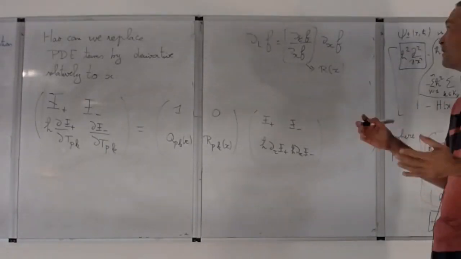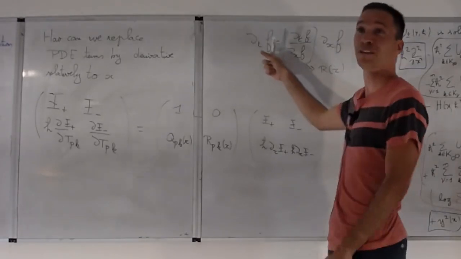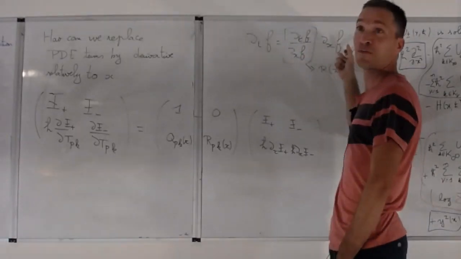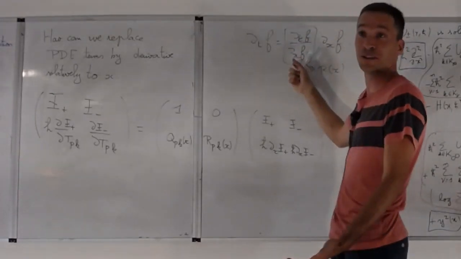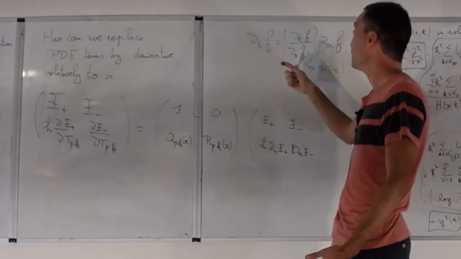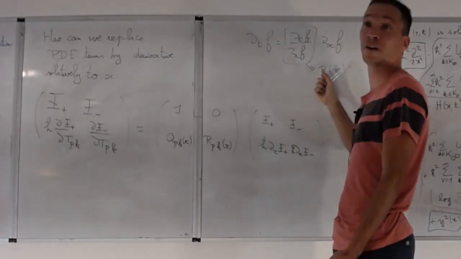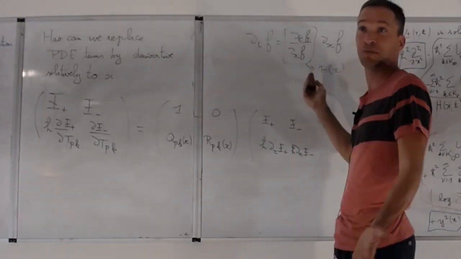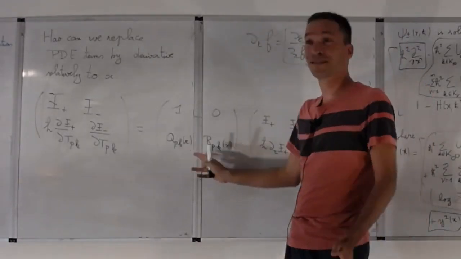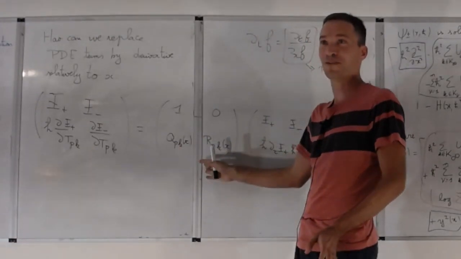I mean, you can always say a time derivative is an x derivative times this quantity, okay? But this has very bad properties. But you can always write it and say, okay, I call it R or Q. And this is just notations here.